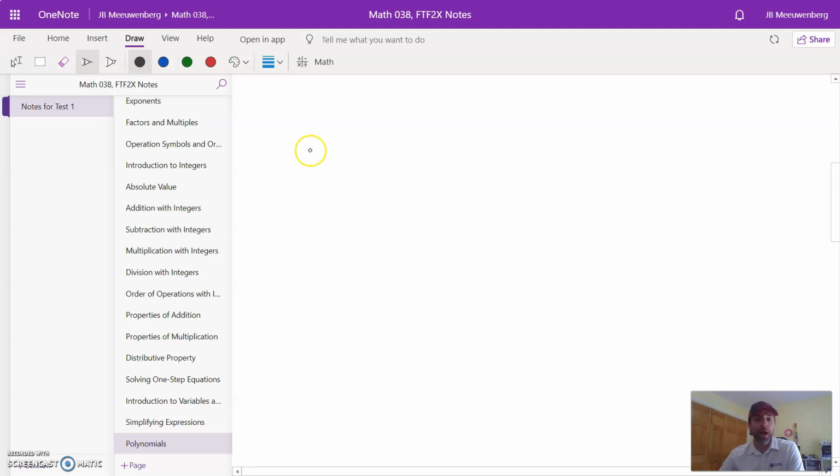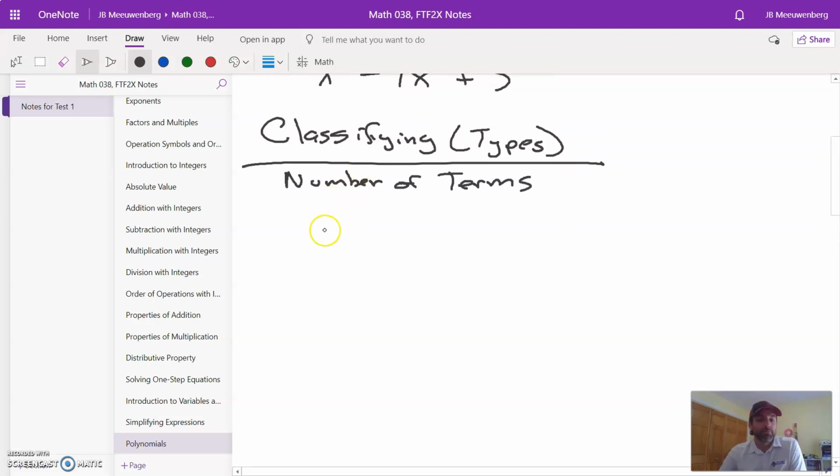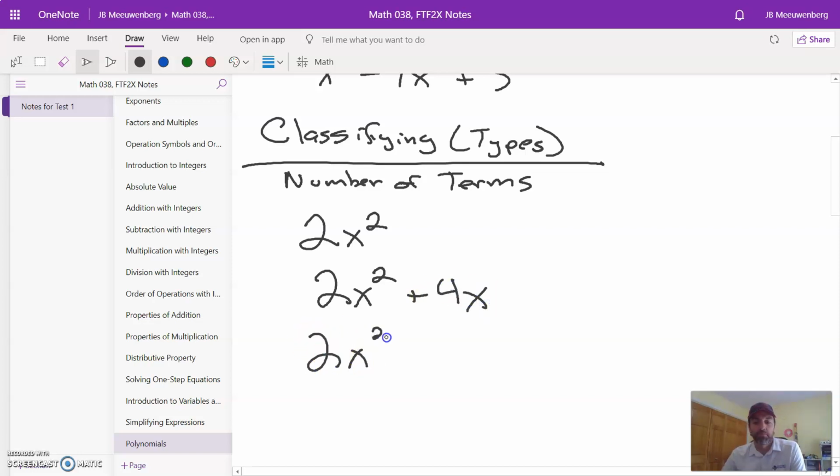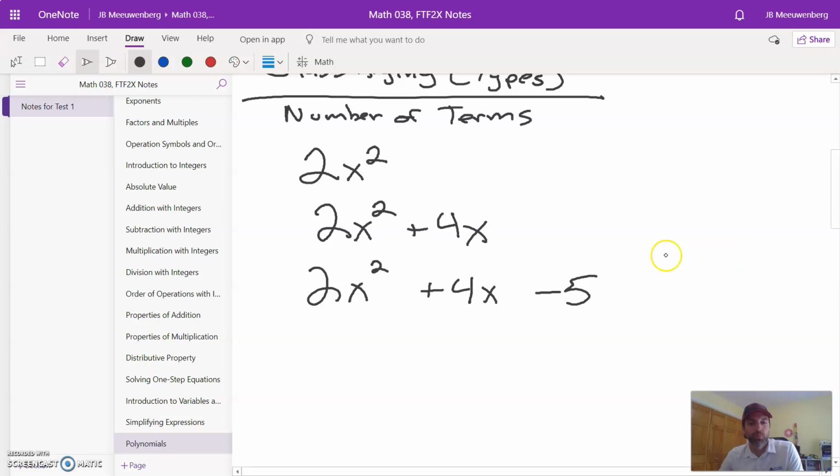So a polynomial can look like this. It can look like this. It can look like this. It can even have more terms than that. We're just going to look at these 3 to start, though.